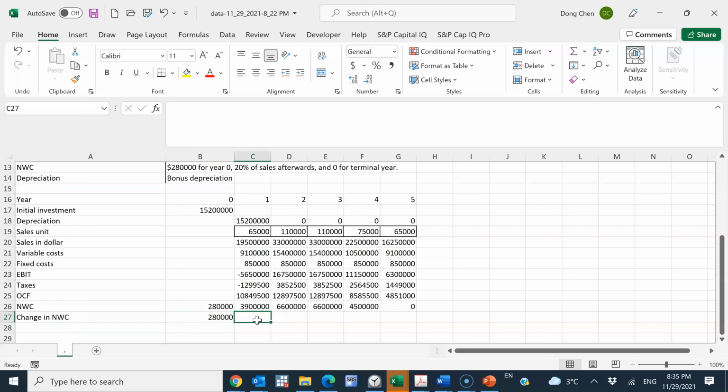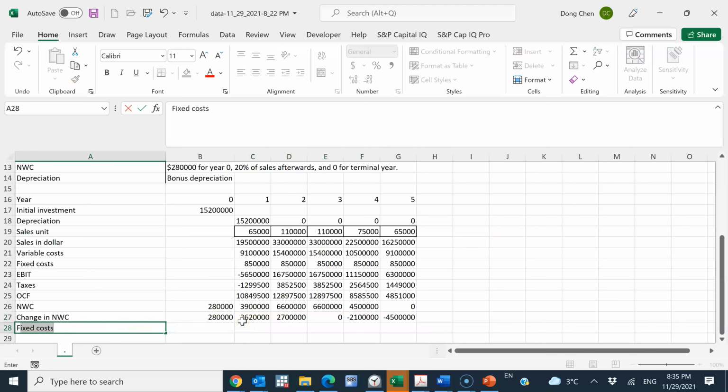But starting from year 1, the change will be calculated based on year 1's net working capital minus year 0's net working capital. Then we can extend the same calculation to all other years, and Excel will automatically calculate these changes for us.